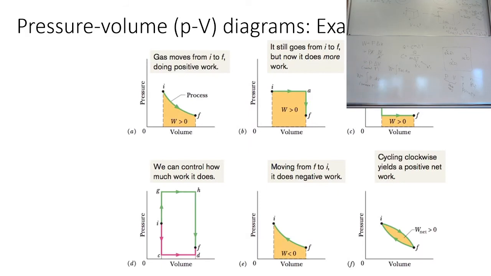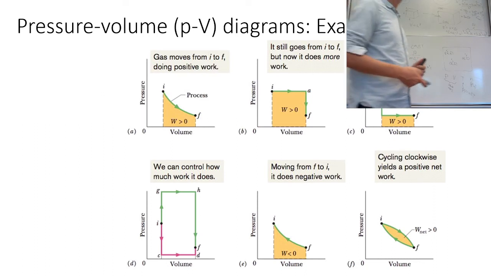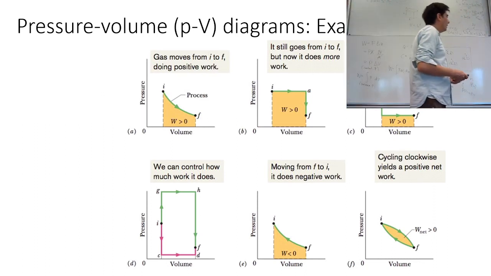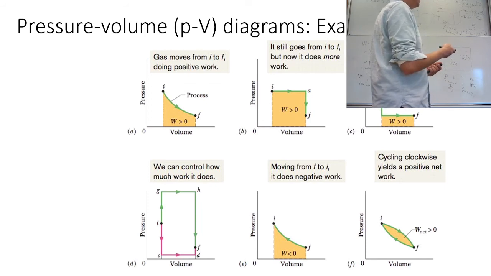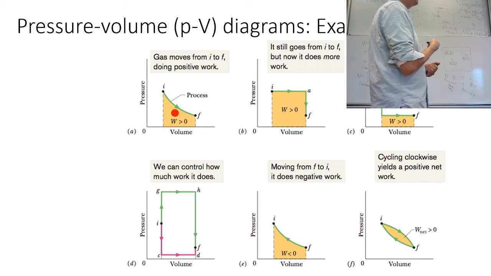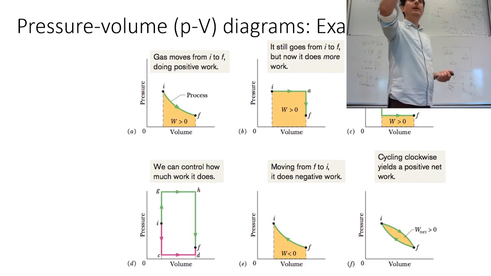Okay, so let's look at a couple of examples of these pressure volume PV diagrams. I'm going to go through each one of these one by one. Firstly, these are just various processes going from the same initial to final states of the gas in the pressure volume diagram, but they go through different paths, right?